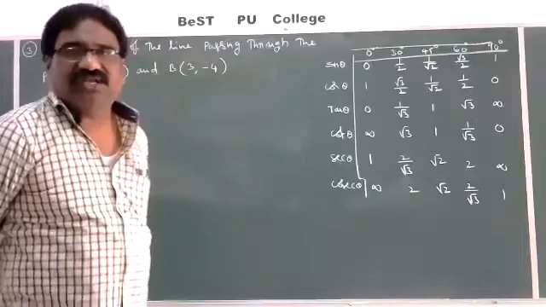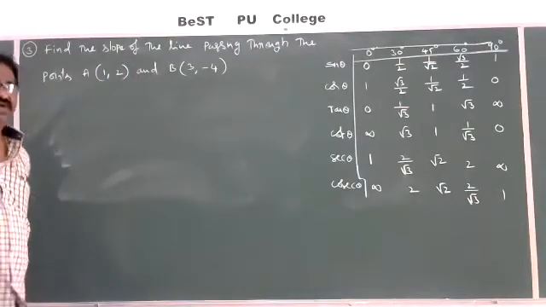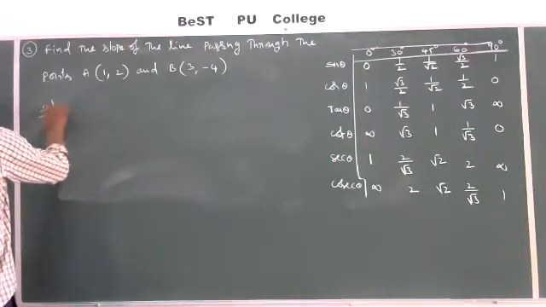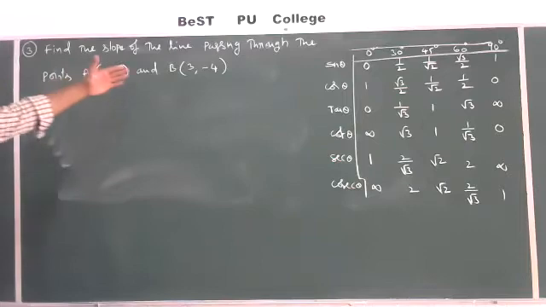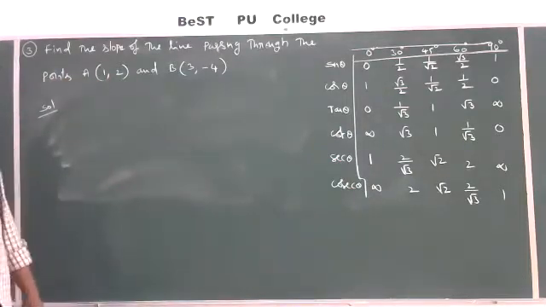Yesterday we proved the theorem: slope of the line m is equal to y2 minus y1 by x2 minus x1.